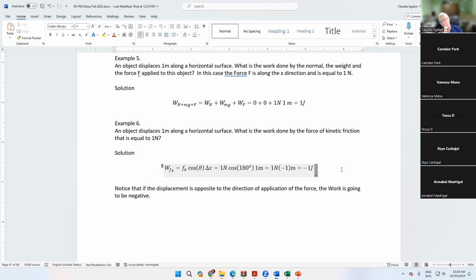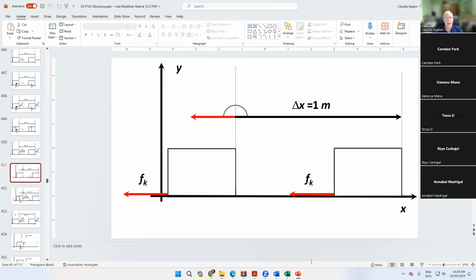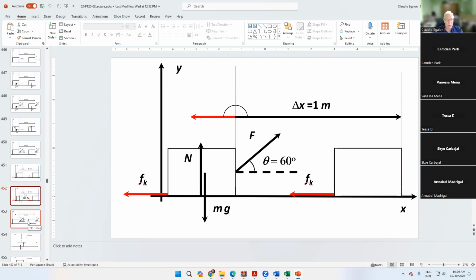The work is going to be negative, according to the very definition of work.